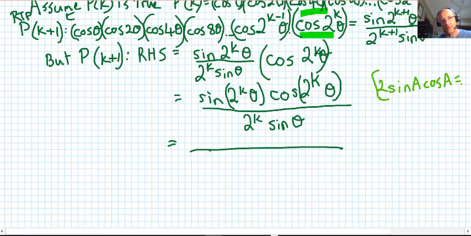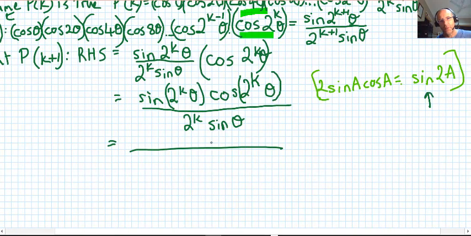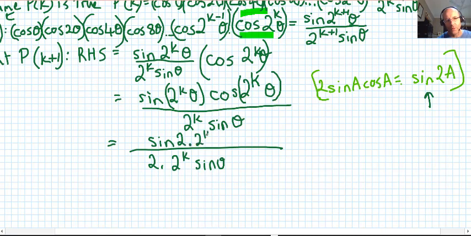We have half of that, so we just have sine A cos A, so it's going to be half of sine 2A. So we're going to put the 2 on the bottom. Half was 1 over 2. It's 2 times 2 to the k sine theta, and we'll put on the top the sine 2A part of it, which is sine of 2 times 2 to the k theta.